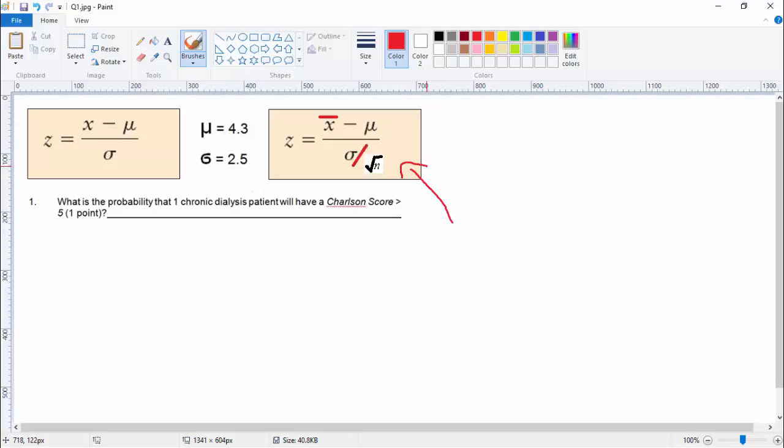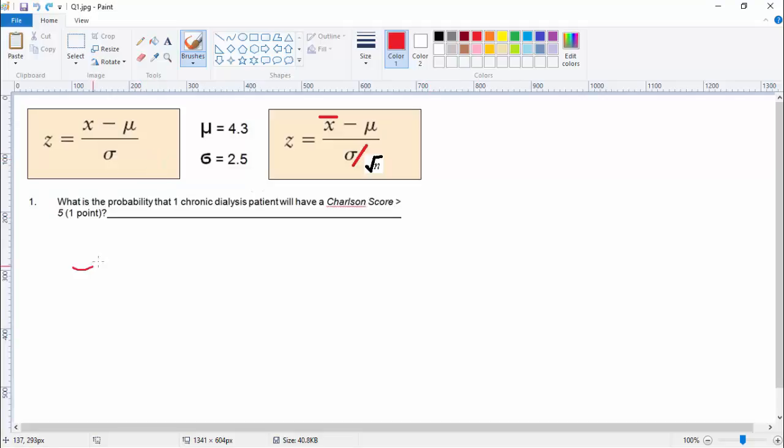So what I do in this quiz prep is we walk through different scenarios and you see what I mean. We start with the easy scenario that we're already familiar with. What is the probability that one chronic dialysis patient will have a Charlson score greater than 5? This is one patient, so we get to use the simpler equation.